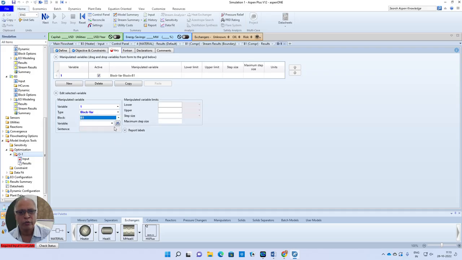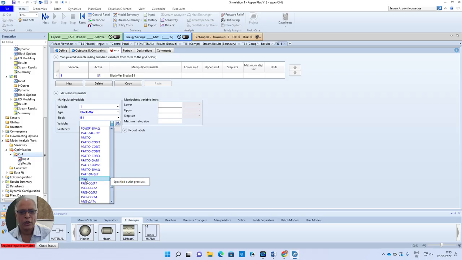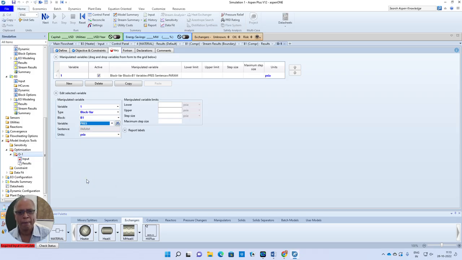Block is B1, variable is pressure. Specified outlet pressure. Initially, we assumed this as 50. Right. So we don't know. 14.7 is the inlet. So let me assume that it is somewhere between 20 and 120. Right. So let us run the problem.